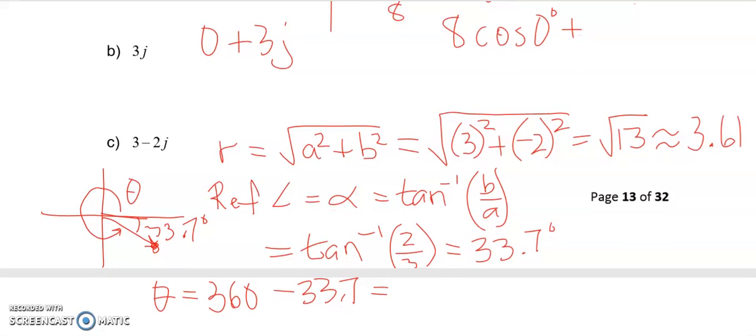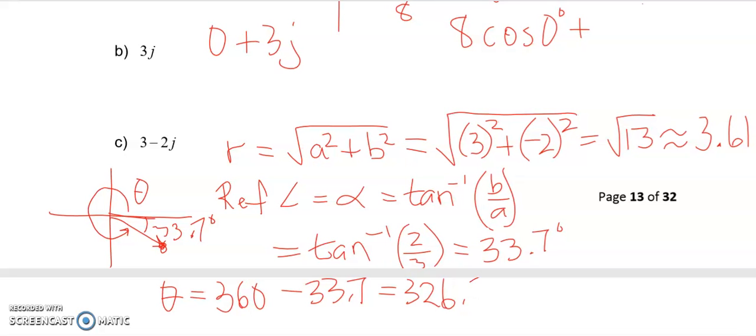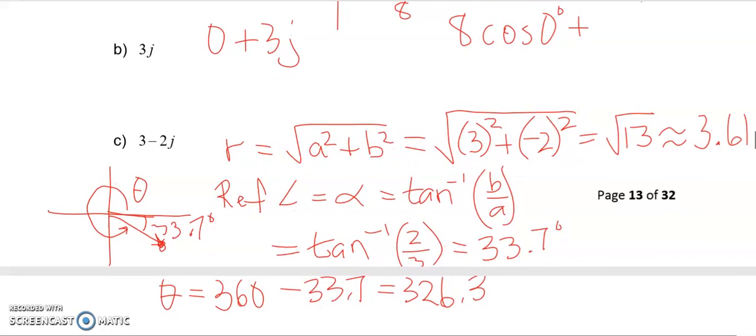Why can't I get the degree symbol to come up? And you're going to get 326.33 degrees.